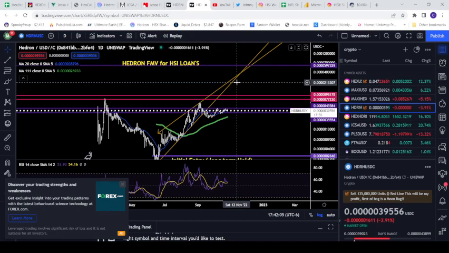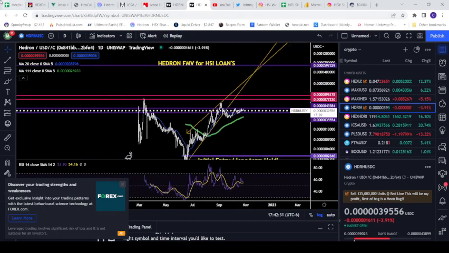I think as all these liquidations happen over time, it's just gonna end up going that way. Especially once all these big 10x bonuses are done, or most of them are done. That's gonna really decrease the supply of Hedron and make it a little more scarce.